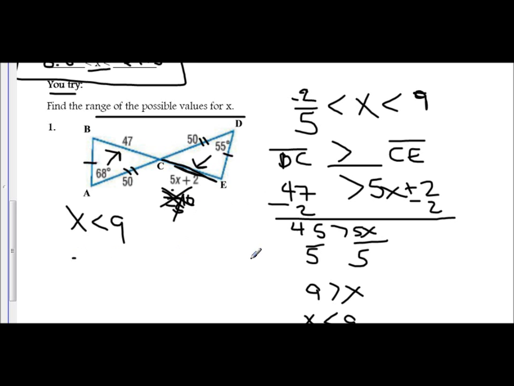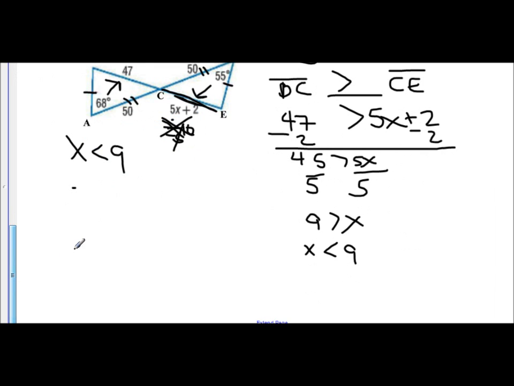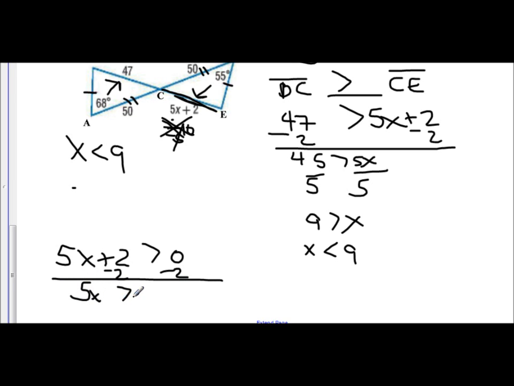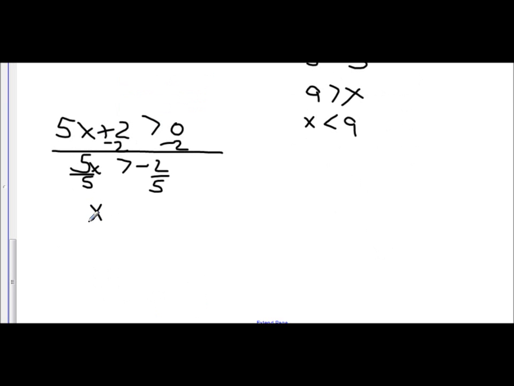So the side length, 5x plus 2, must be greater than 0. So I'm going to subtract 2 from both sides of my equation. So I get 5x is greater than negative 2. And I'm going to divide by 5 on both sides of my equation. So I get x is greater than negative 2/5.